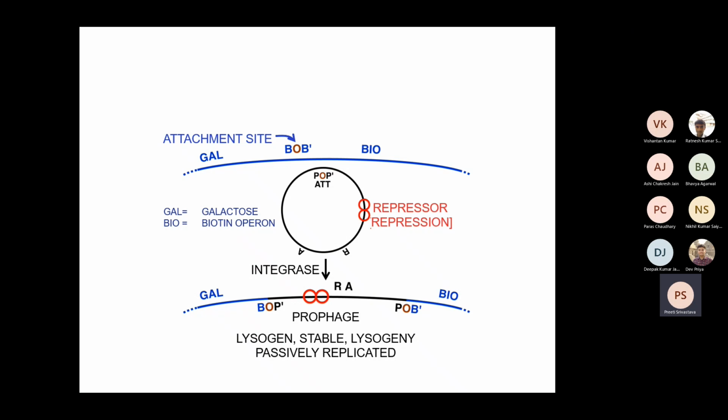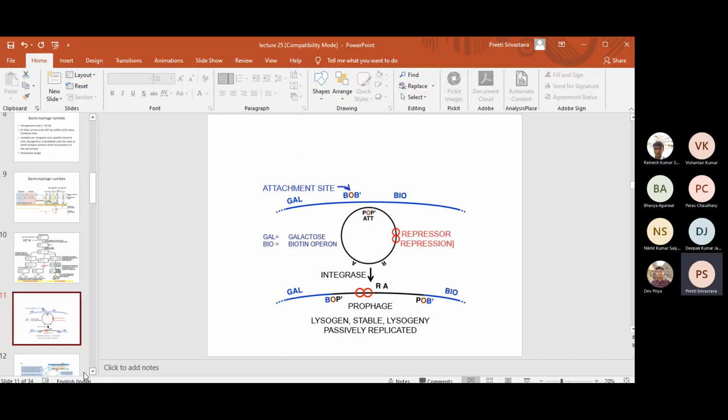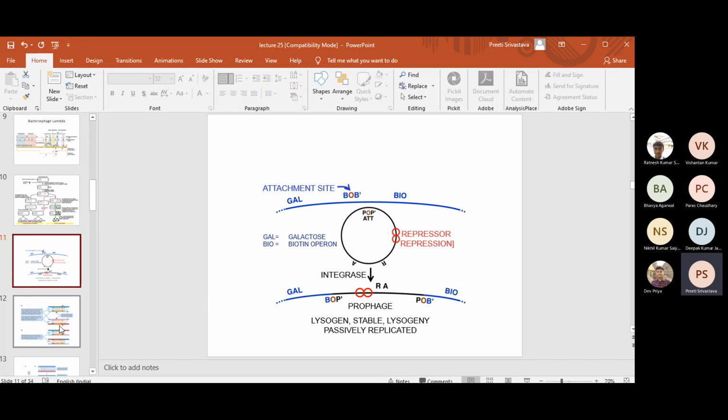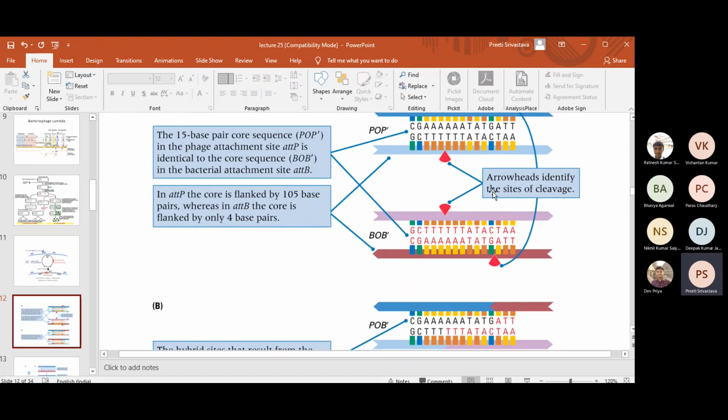So hope you got this idea. Ultimately, when it has integrated with the help of the enzyme integrase, it exists as a prophage, and this is the lysogenic state where you have gal, B, O, P, then the phage DNA, and then P, O, B, and then bio. Then this slide shows the sequence of this 15 base pair att site.